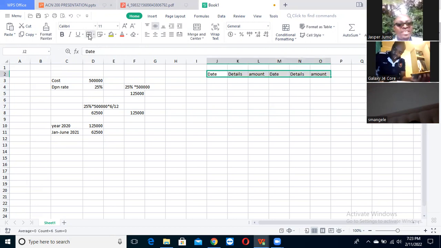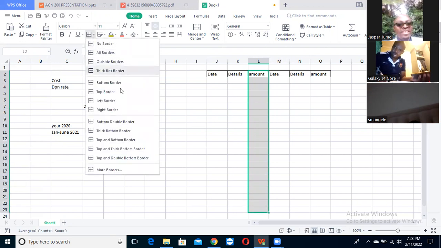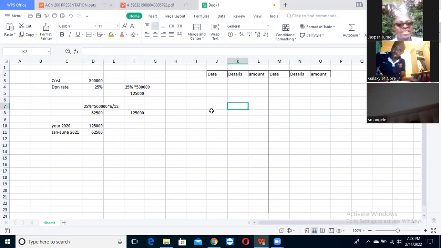So we just want to put borders there, and then we provide for the demarcation here. And then this is the debit side of the ledger, and this is the credit side of the ledger.